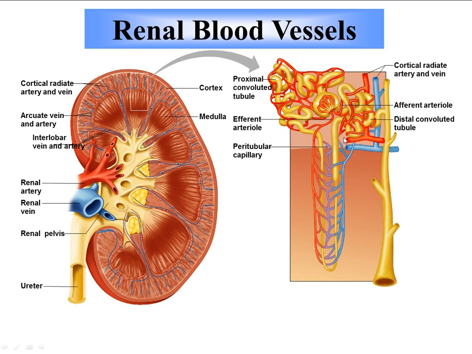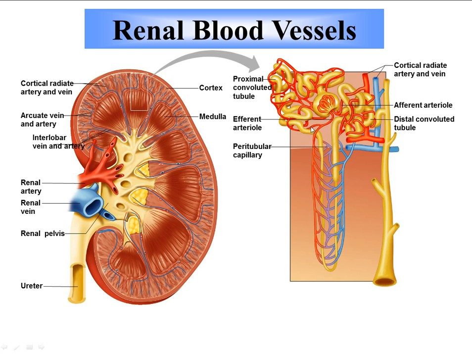This whole structure is a nephron, and from the cortical radiate artery it will branch more and give rise to the afferent arteriole. Then that would enter the renal corpuscle here, and as it comes out it is called the efferent arteriole.